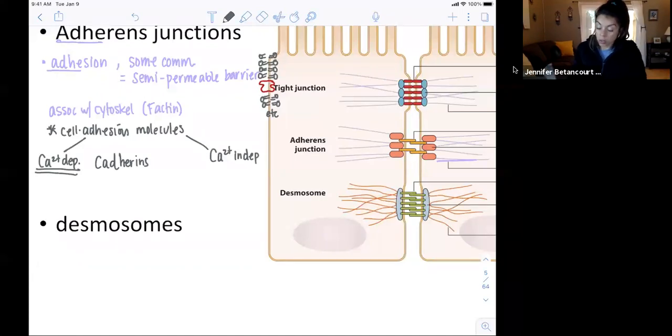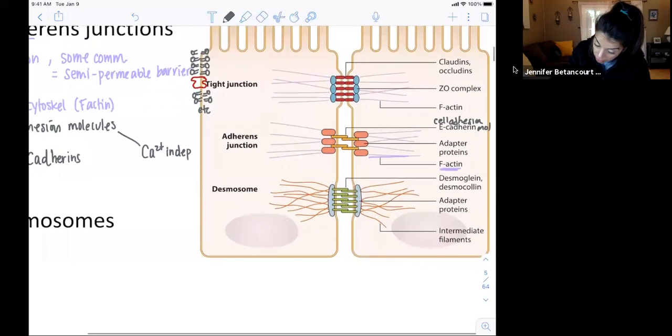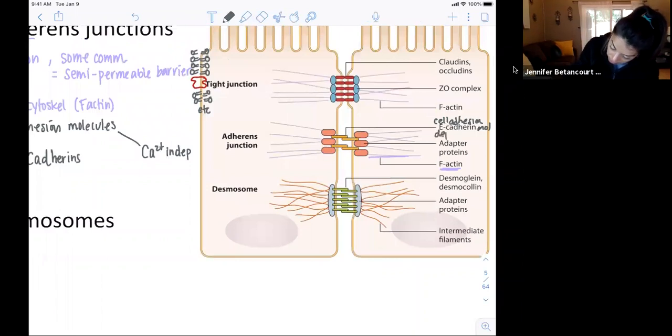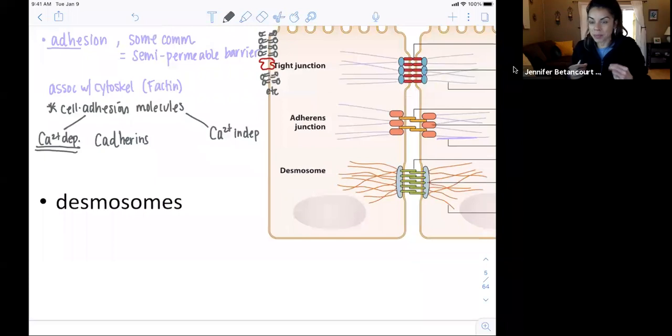So this E-cadherin, the fact that it's a cadherin tells you that it is dependent, so it needs calcium in order to bind to the E-cadherin from the other cell. That has to happen. It's almost like the calcium molecules are the final little super glue that keeps them together, with the buttons, the snaps.